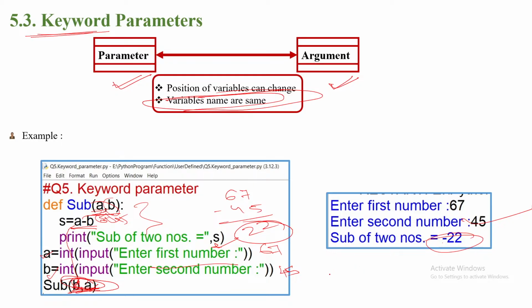Here it is taking the same, just like a positional argument. B is taken for a, and then a is taken for b. So whenever we do a minus b, b's value is 45, 45 minus 67, whenever you do it, the answer will come minus 22, right?